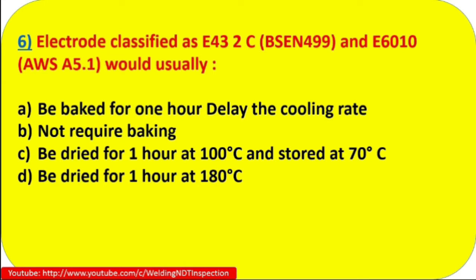I am giving my practical view also. You give your practical view. E6010, anywhere in your field, required baking or not? Definitely, as per my experience, it is not required baking. So the correct answer will be option B. Option B is the correct one.